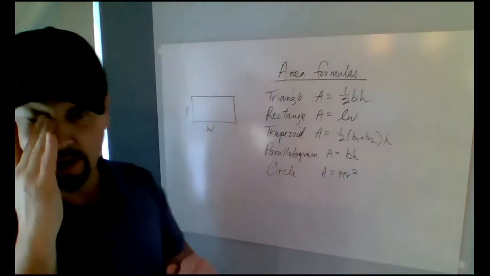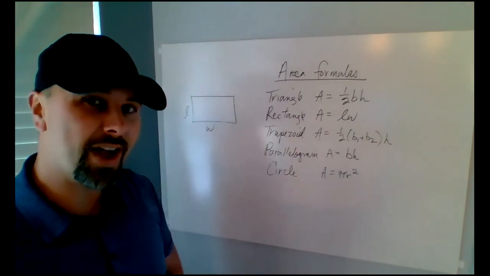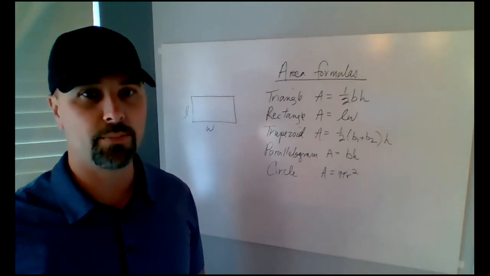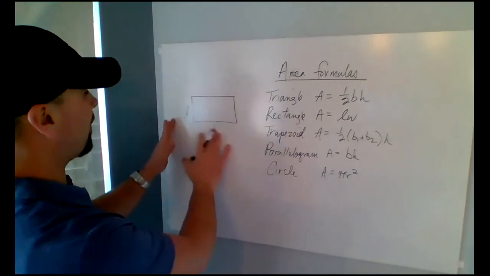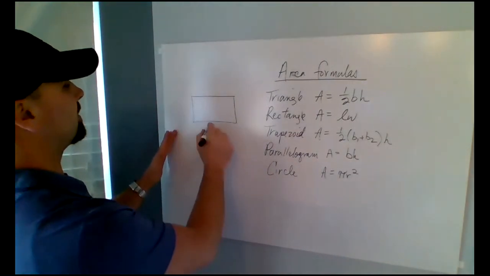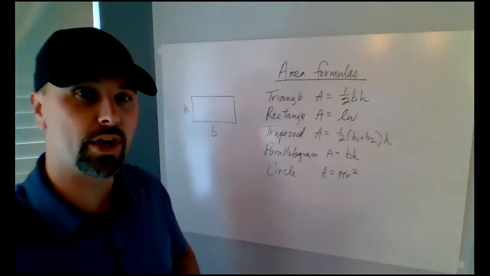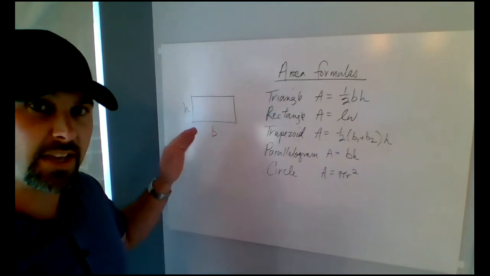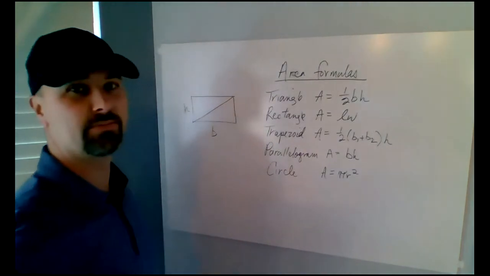Okay. Now, when you look at the triangle, the formula is 1/2 base times height. But what I want to tell you is, in a rectangle, you can think of a base and a height as well. It doesn't have to be a length times width. And so really a triangle is the base times height cut in half, okay?